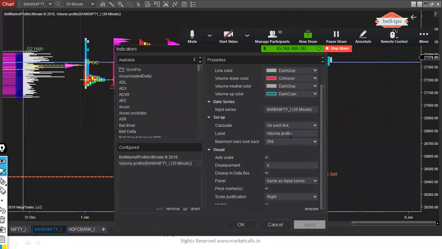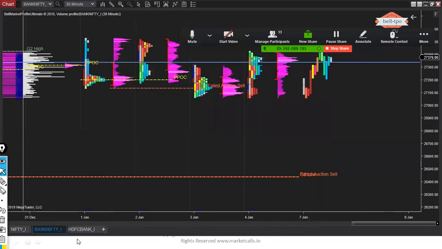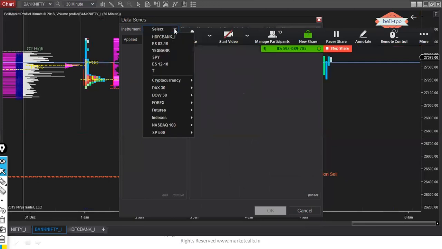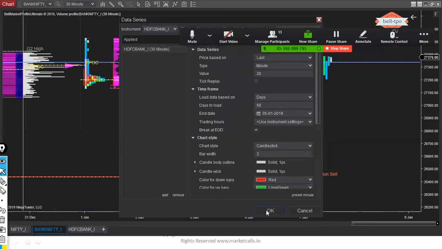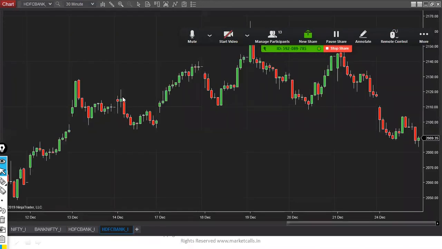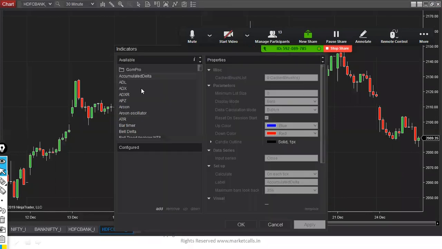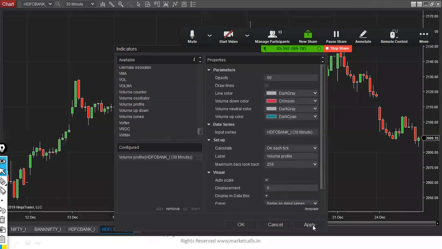Calculate on each tick volume profile. We take a fresh chart. Let me apply, let's say, HDFC Bank. Press OK. And let's say we can go to indicators and get the volume profile tool. Click. Apply.